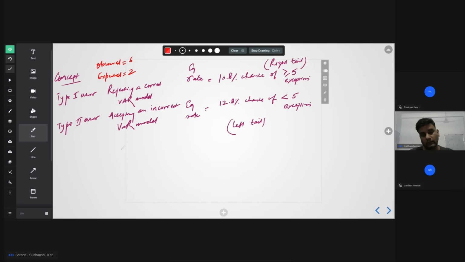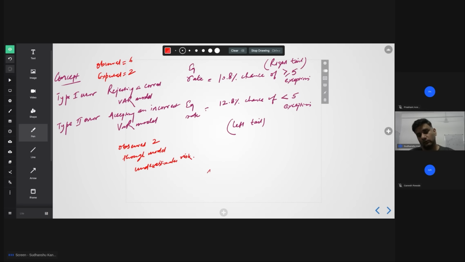Here your observed is 2, and though the model underestimates risk. Right tail, left tail, I told you.